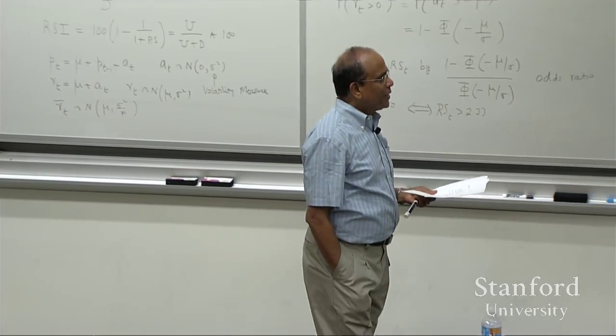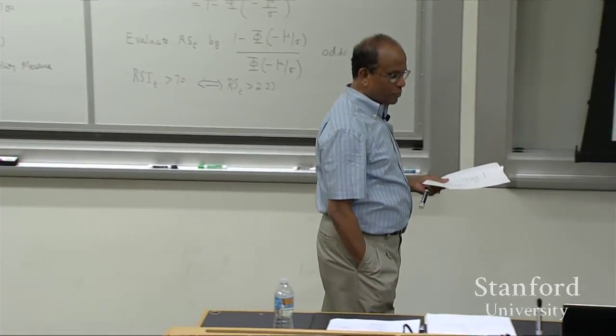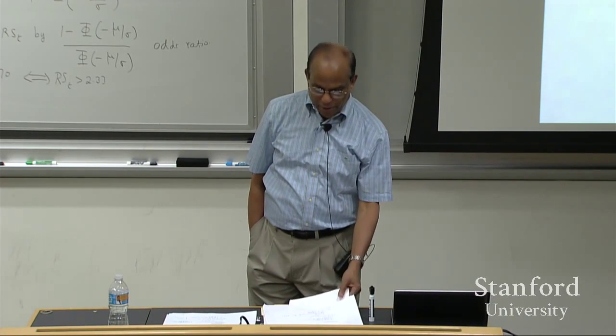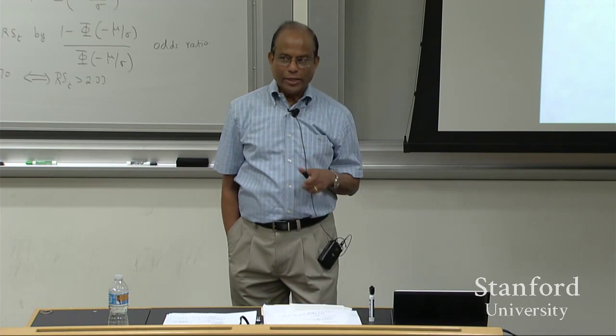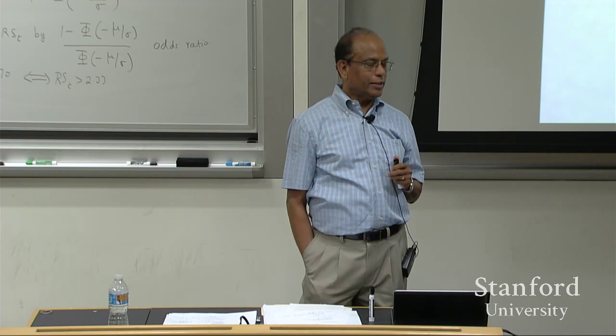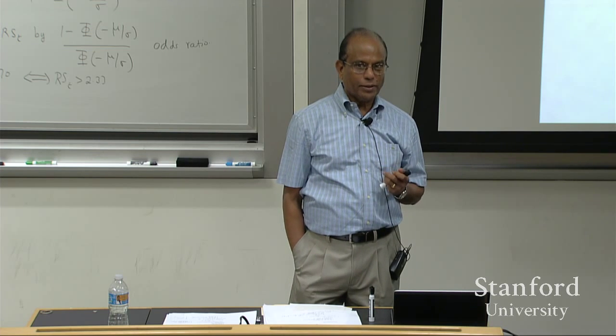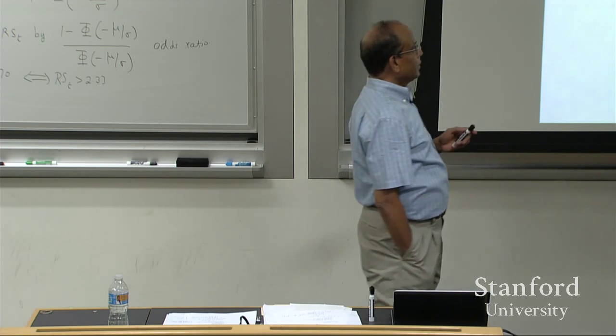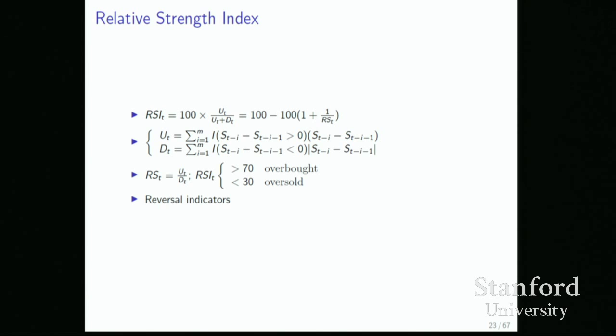Okay, the reason I brought this in was to show you that there is an attempt to extend this relative strength index to incorporate not only the change in price here, but also looking at how much volume went with the change. Okay, how do you develop an index that is sort of a volume weighted relative strength index, right?